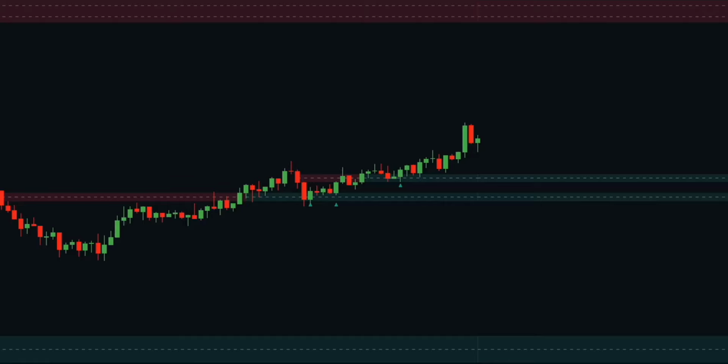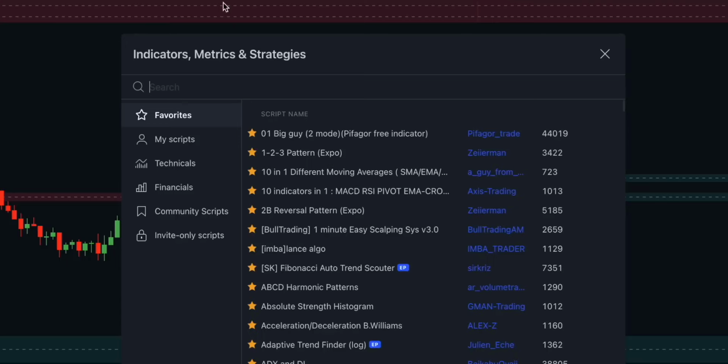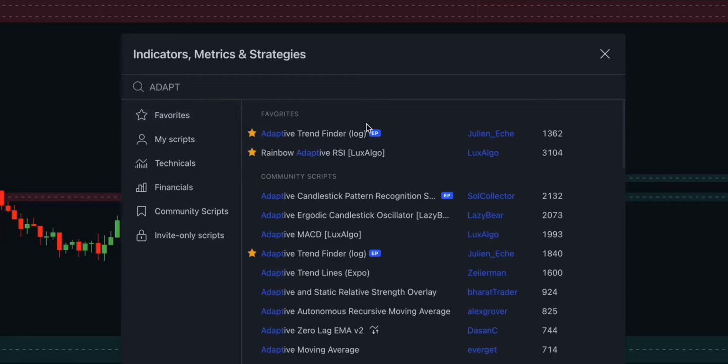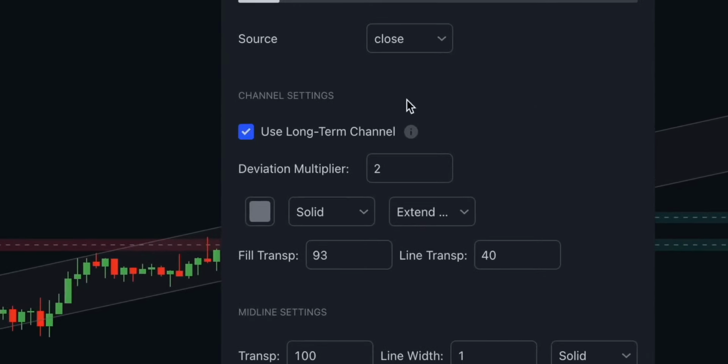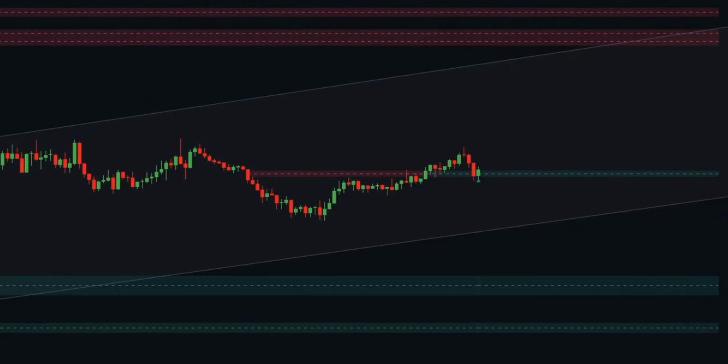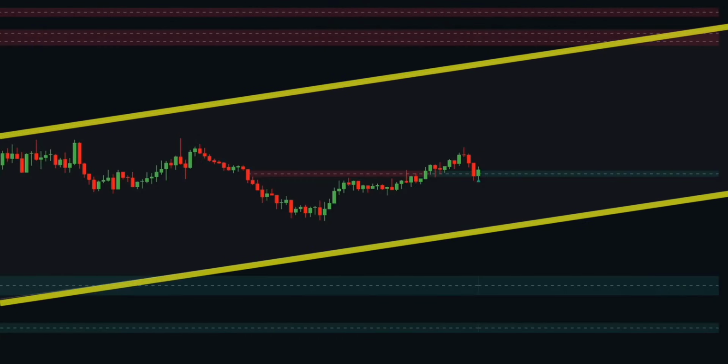Here's an example of how I would use it in my strategy. First, I would install the Adaptive Trend Finder by Julian Esch as a second confirmation indicator. For better results, I would set the long-term channel. For a buy trade, I use the following rules. First, the market is in the uptrend. The uptrend is confirmed by the Trend Finder channel pointing upwards.